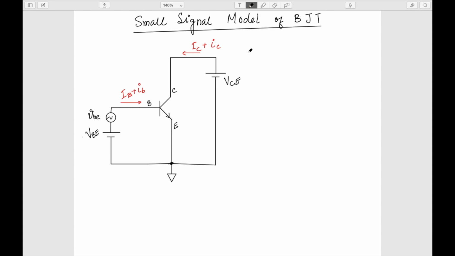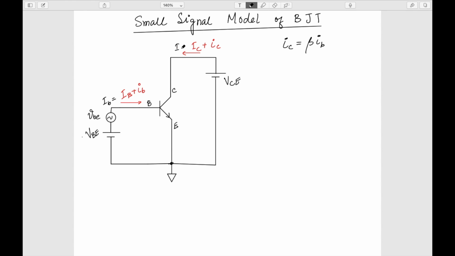So what I can write is that my small variation in the IC is equal to beta times small variation in IB. Now, of course, let's consider this whole thing. We know that this IB plus this small ib, the whole thing is, we know that this is iB with a small letter i and capital B. This is the representation, right?